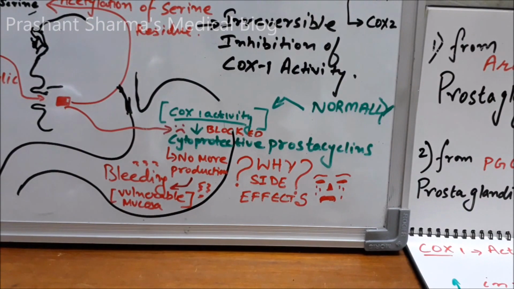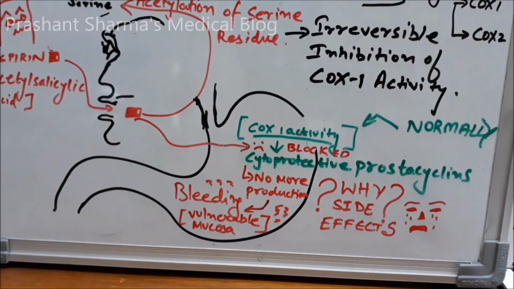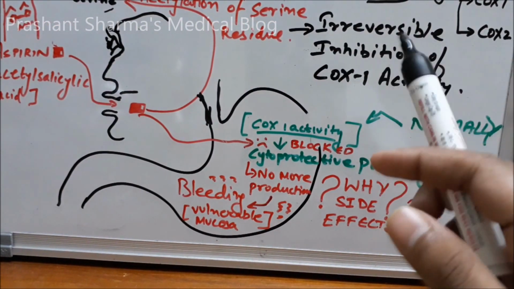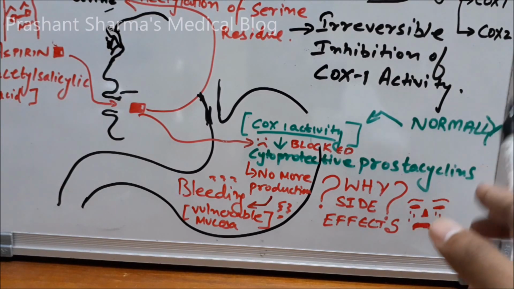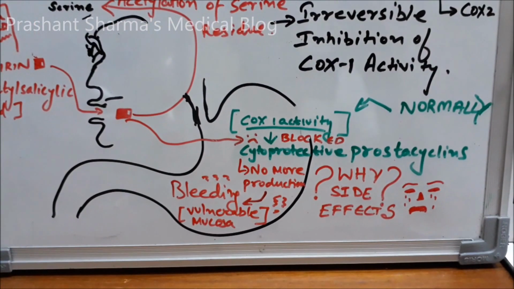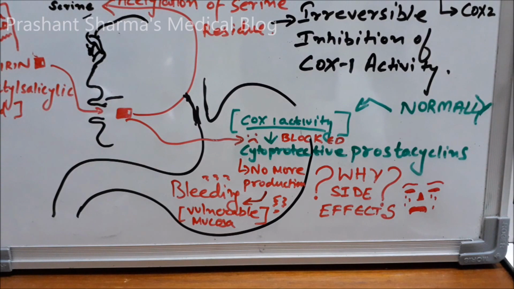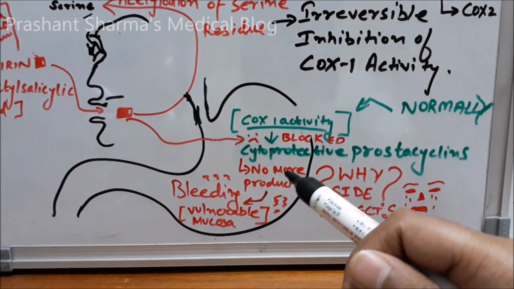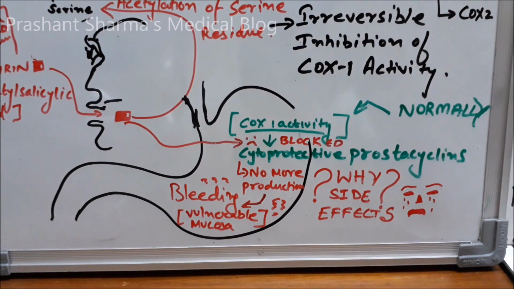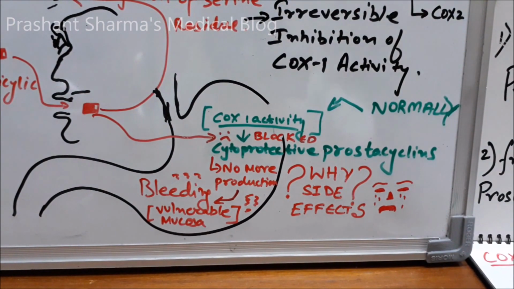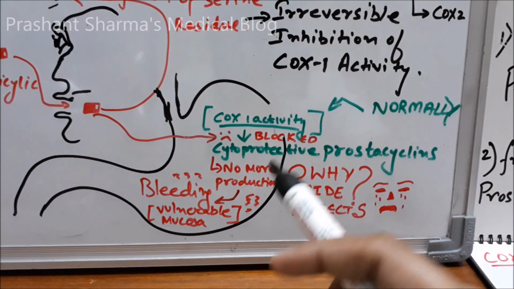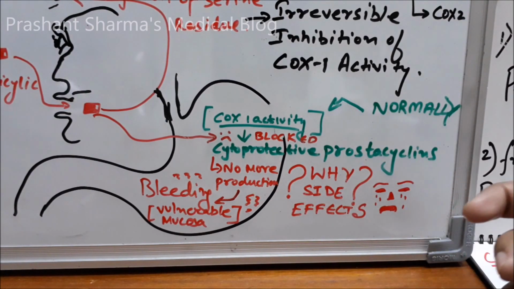Now about the side effects part. Aspirin, what does it do? COX-1 activity and COX-2 activity are constitutively generated inside the cell. So why are they needed? COX-1 activity normally produces cytoprotective prostacyclins. When we inhibit this by taking aspirin, there would be no more production of cytoprotective prostacyclins.